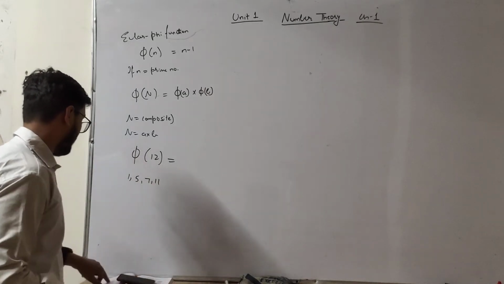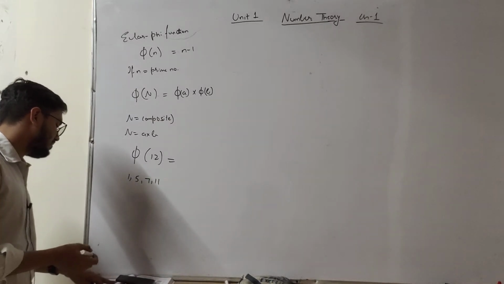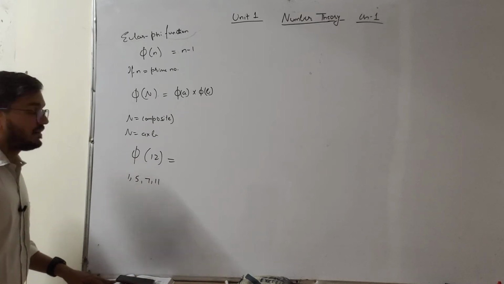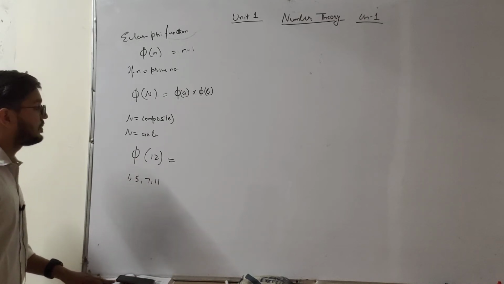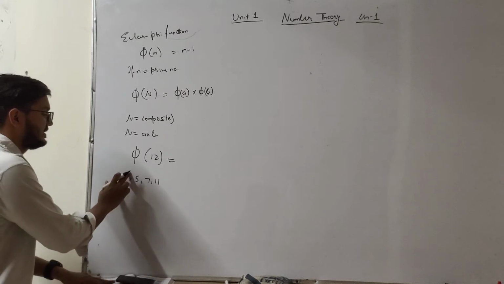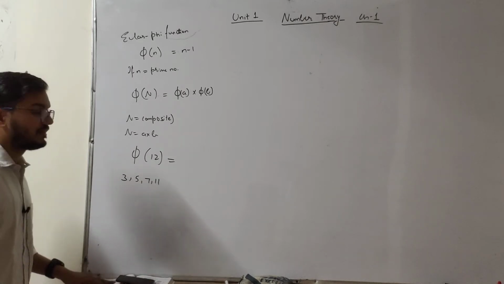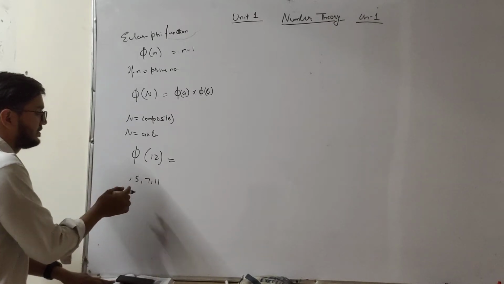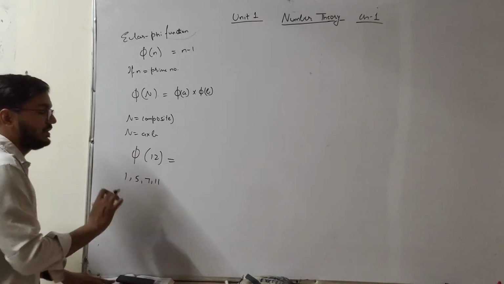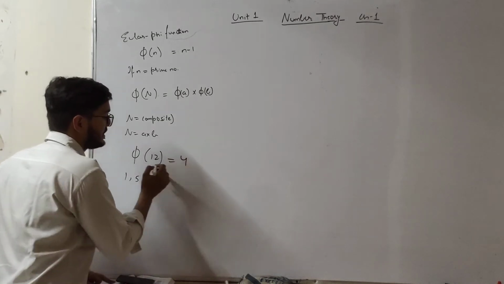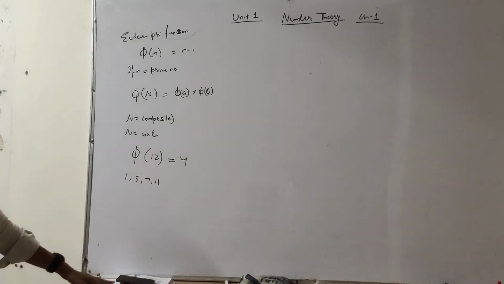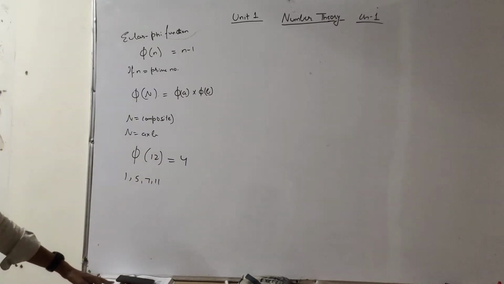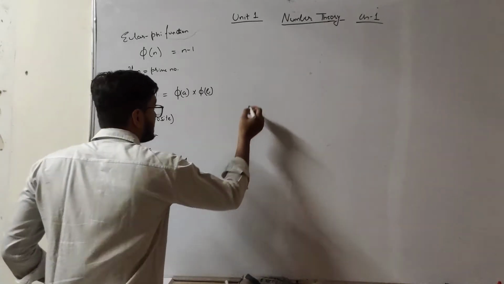So there are 4 possible integers less than 12 and co-prime to 12. 3 cannot be included, since it should be co-prime to 12. So 4 is the answer. Not factors, but numbers co-prime to 12. Now let's start the exercise.